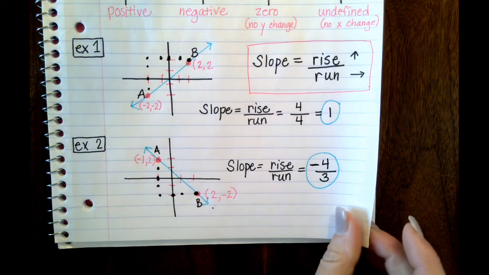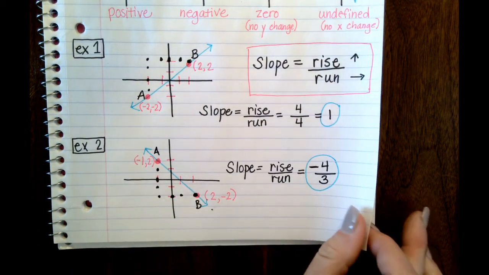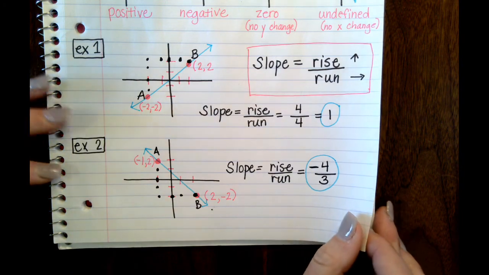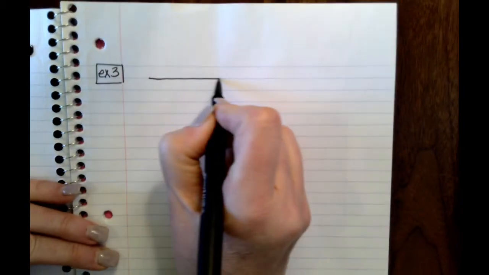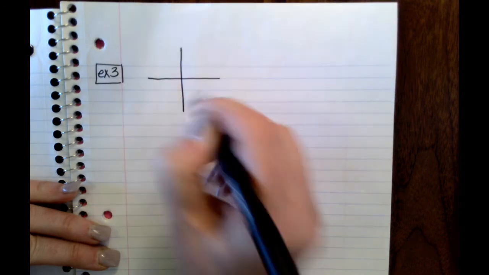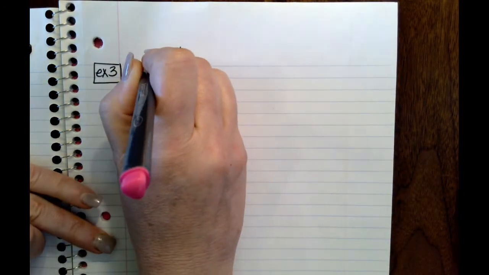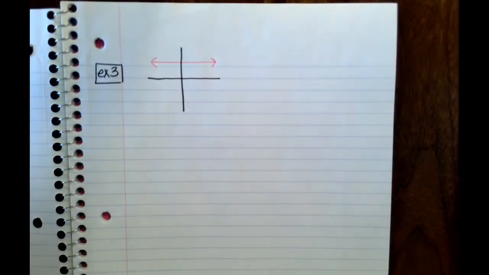Okay, as I know this video is getting a bit long, let's quickly take a look at what an actual 0 and undefined would look like. So let's look at example number 3. Again, simple sketch. And I'm going to draw a line right here, perfectly horizontal, meaning side to side.